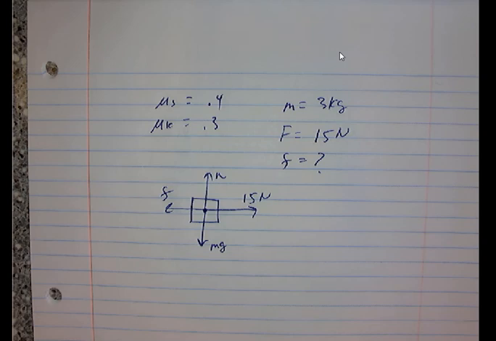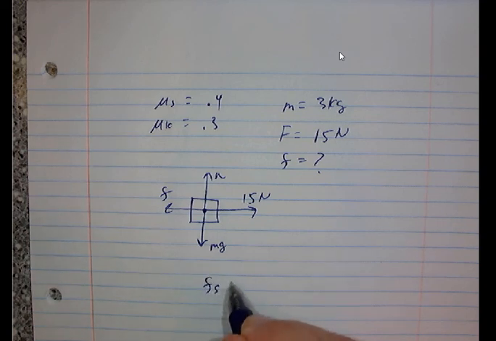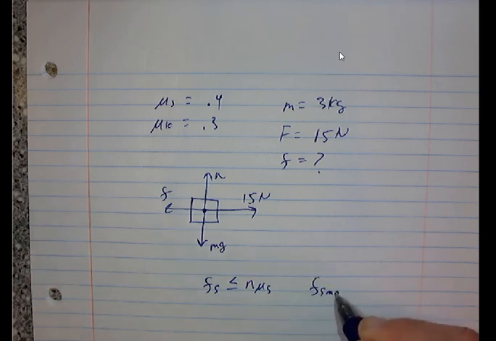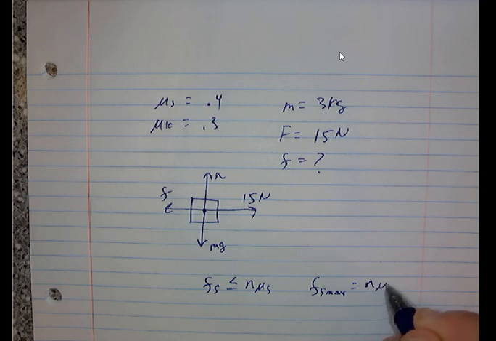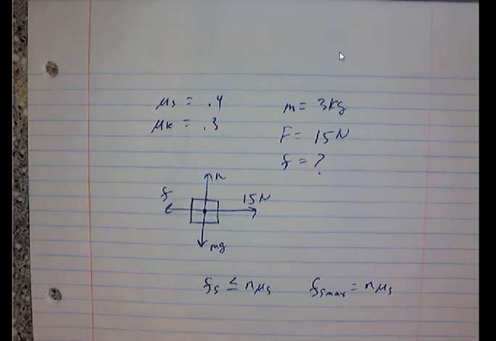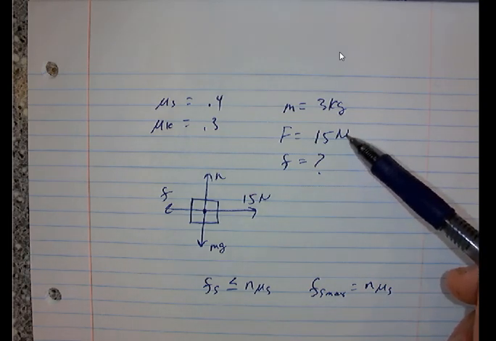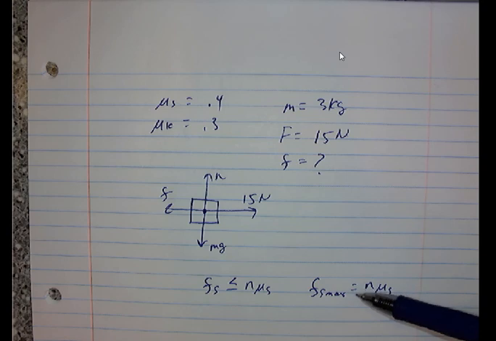Are we talking about static friction or kinetic friction? So for static friction, it's less than or equal to the normal force times mu sub s. The maximum amount is when it's actually equal to the normal force times mu sub s. So with this kind of problem, we have to figure out how much is the maximum static friction, and then see if our applied force is larger than static friction's maximum.